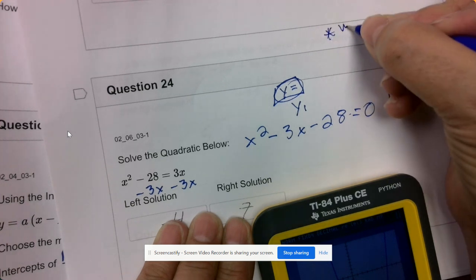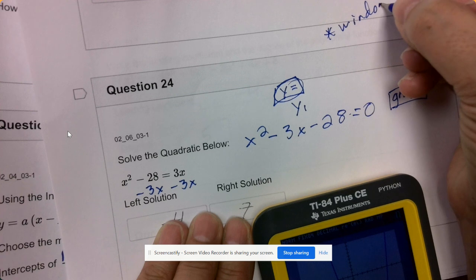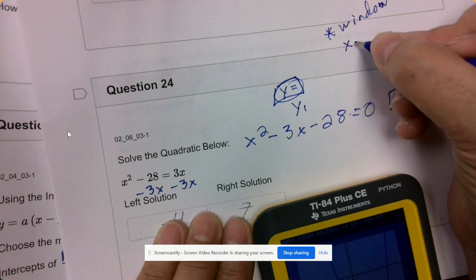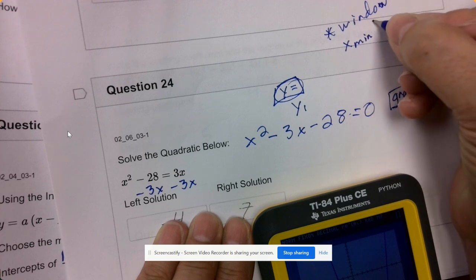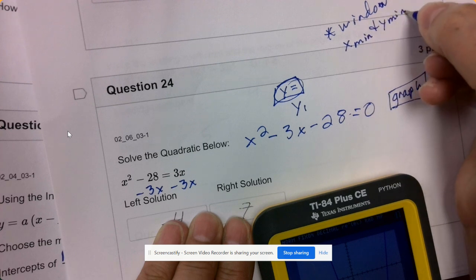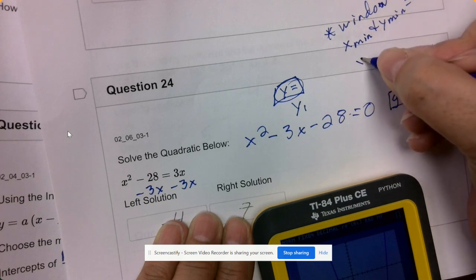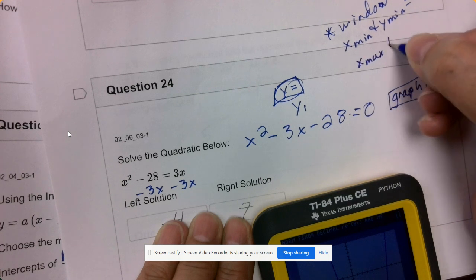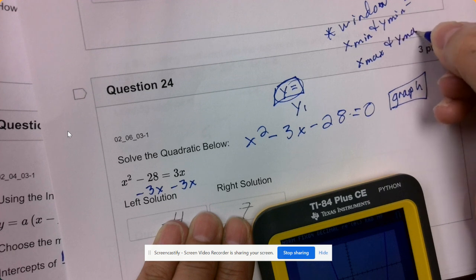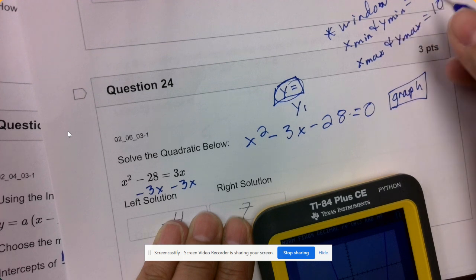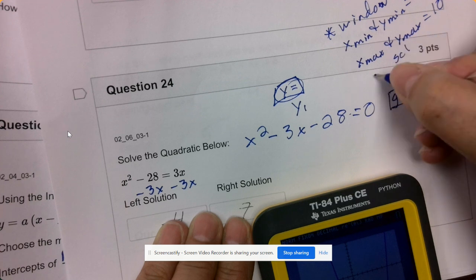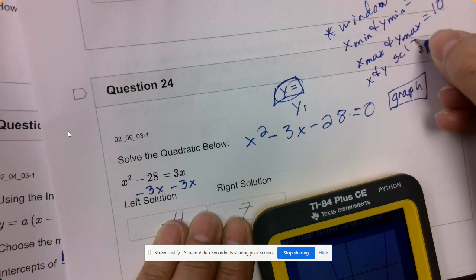Make sure the window x minimum and y minimums are at -10. X maximums and y maximums are at 10. And then the scale, x and y scale, is equal to 1.